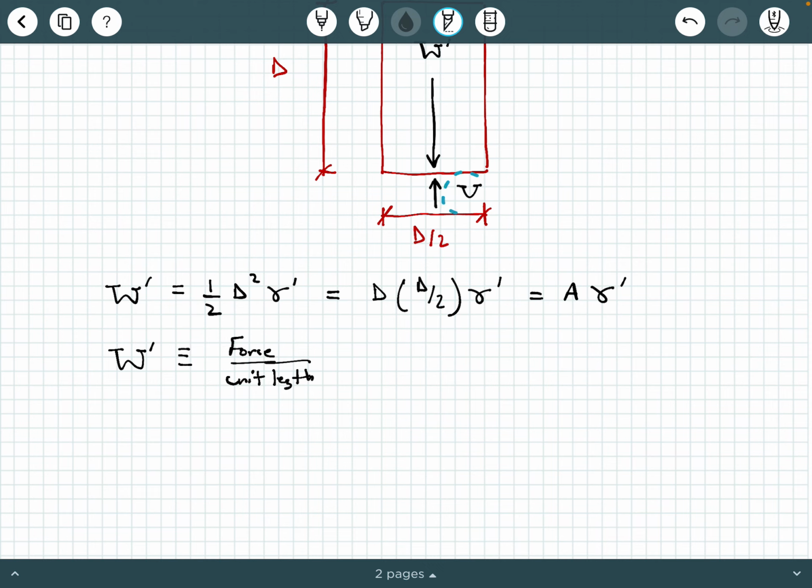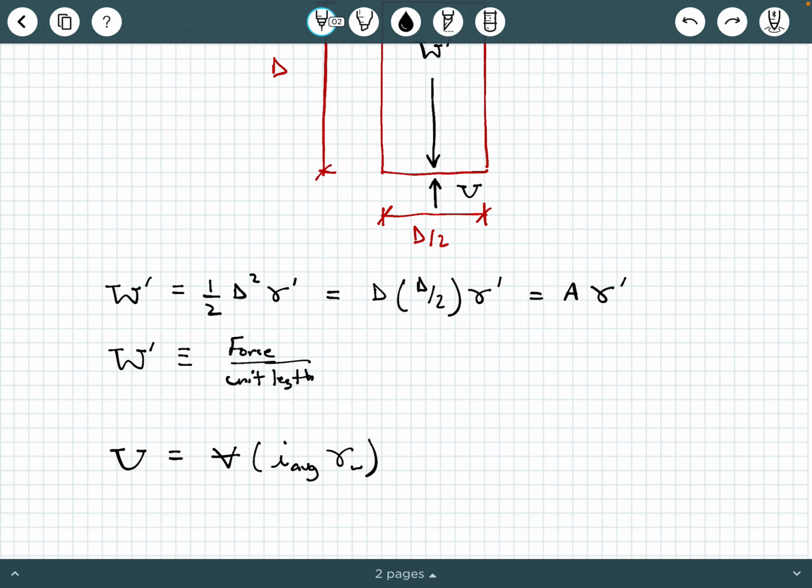Now, what about U? What about the uplift force? Okay, well, similar idea. We're going to say the uplift force is going to be equal to a volume times an average hydraulic gradient times the unit weight of water, okay? Now, again, what is this? How is this volume going to be represented? Well, it's not really a volume because we're basing this on a per unit length, right?